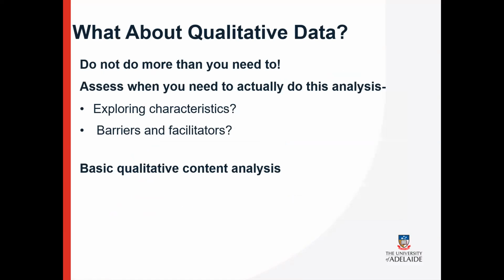So what about qualitative data? And just emphasizing here, do not do more than you need to do. It may be tempting, and I am tempted to always do this, to choose a very in-depth qualitative methodology. So something like thematic analysis or thematic synthesis, meta-aggregative approach or meta-ethnographic approach, that is again beyond the scope of a scoping review, and it would more appropriately fit within the objectives of a systematic review.